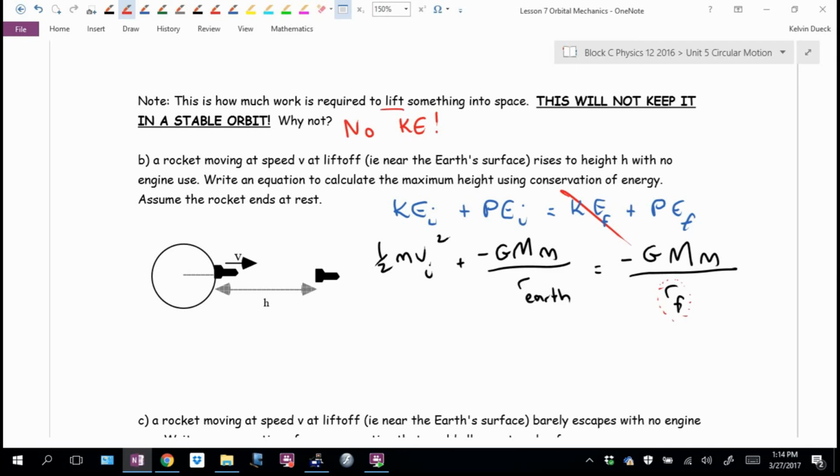Problem, this is not what the question wanted me to find. What did this question want me to find? Calculate what? Maximum height. This gives me the radius. That's our final. How can I figure out the height?